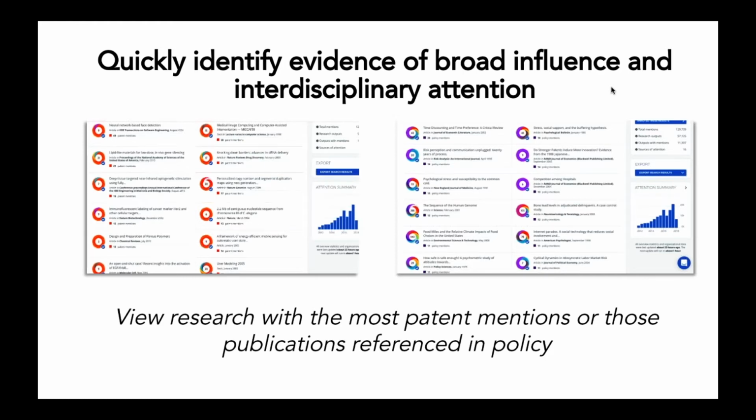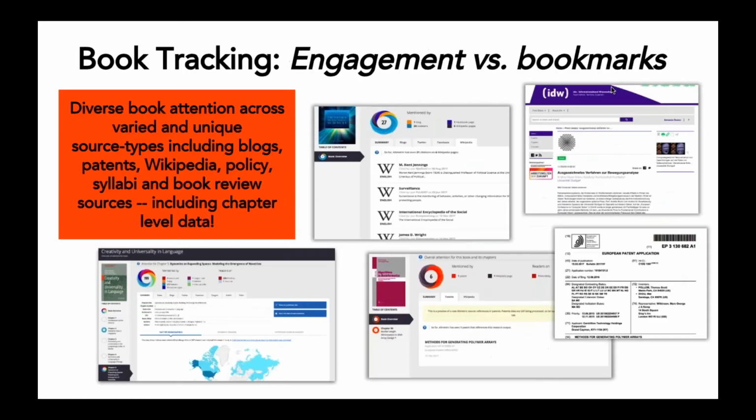Next slide. So these are a couple examples that I pulled out of book tracking also that I wanted to talk about. So, Altmetrics really do work well for non-article formats also.